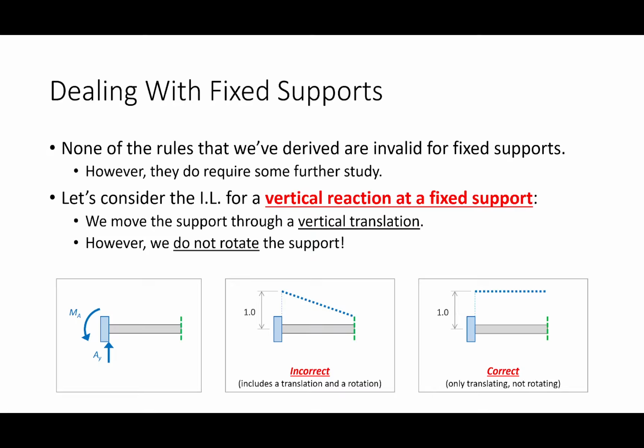Likewise, okay, let's think about, so this would be a vertical reaction release. So what would a moment reaction release look like? Well, that was pretty easy. So if we had a fixed supported beam, really all we're talking about is just changing it into a pin or a hinge, right?